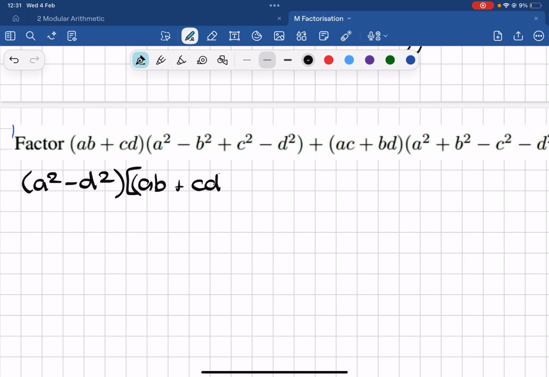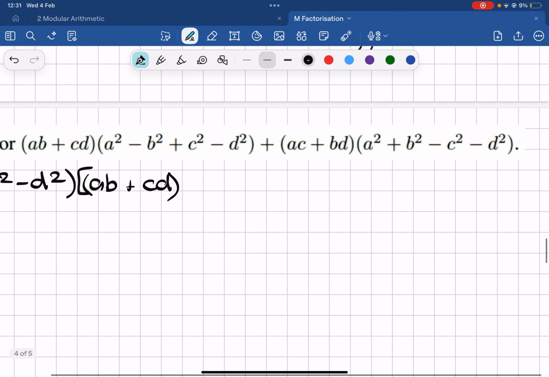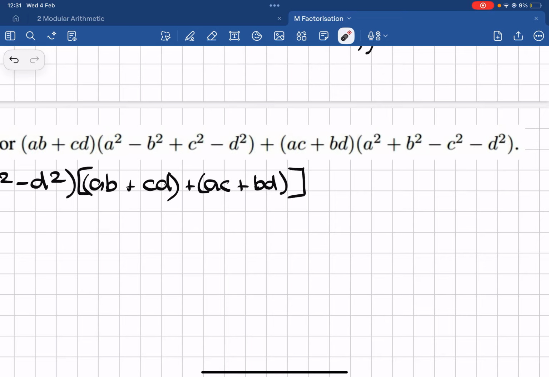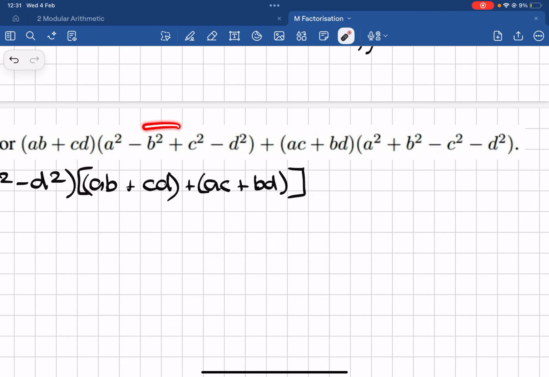Then factorize a squared minus d squared from the second bracket, left with ac plus bd. But by doing this, all I've taken out are the a squared and d squared terms. So we're left with minus b squared plus c squared, and minus c squared plus b squared here.